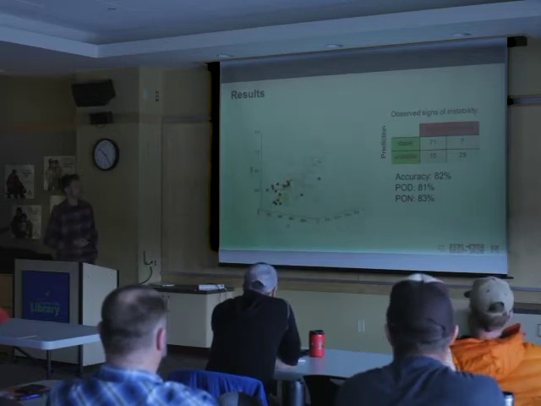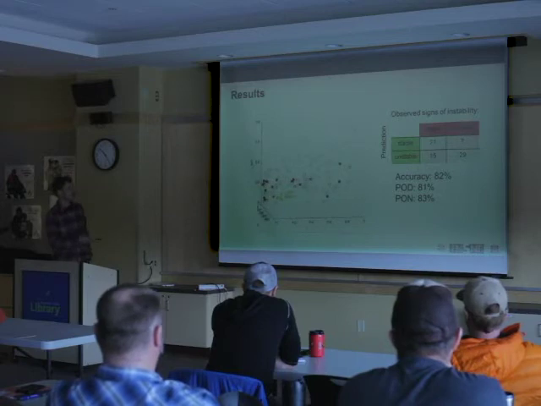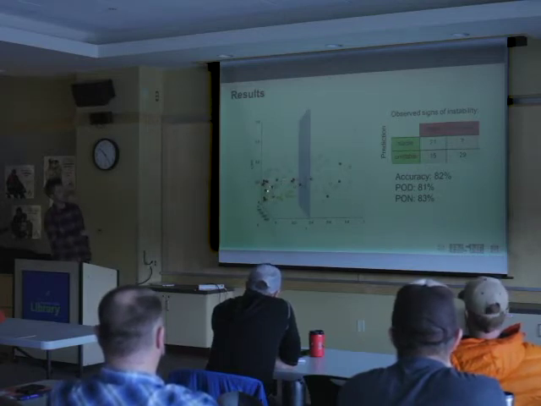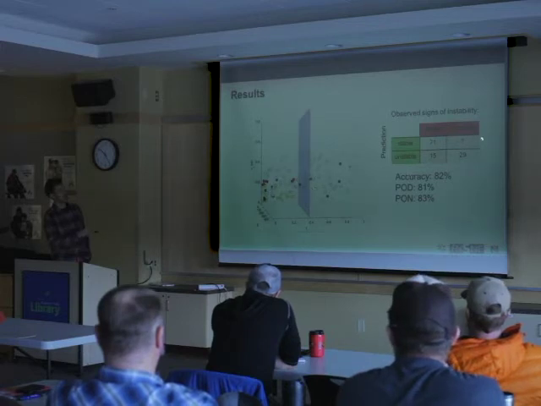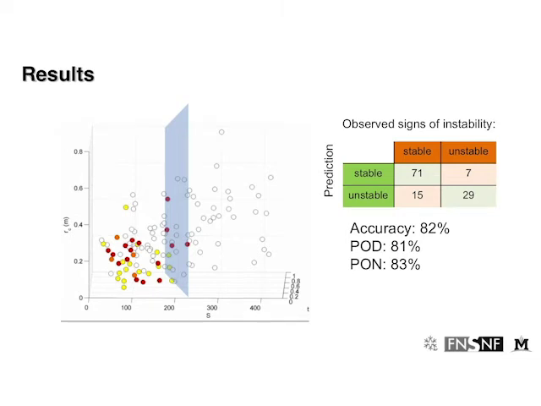So let's have a look inside this cube. And you remember this is the lower left corner here, with the failure initiation and the crack propagation criterion. And now we can also look in the back, and you can count these 7 cases here that are unstable, but actually they are stable. So what does this model do?